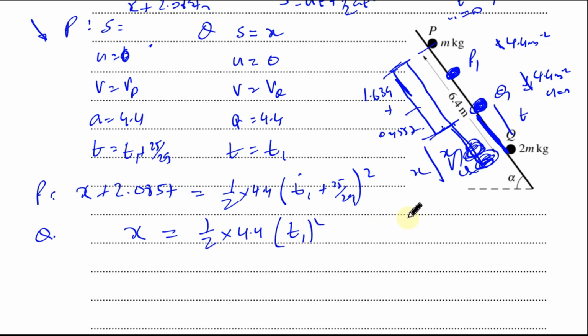Now if we subtract these two equations, the X will be eliminated. We'll have 2.0857 equals this minus that, so 2.2 times T1 plus 25 over 29 squared minus 2.2 T1 squared.